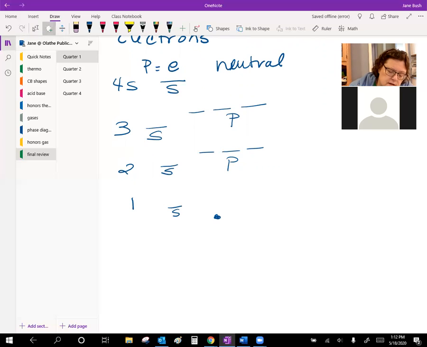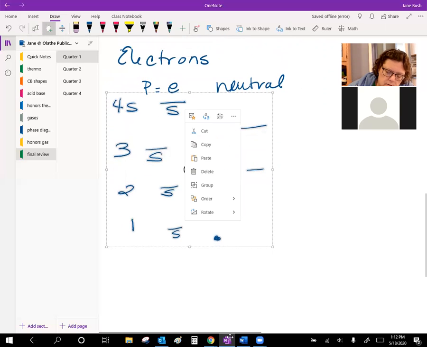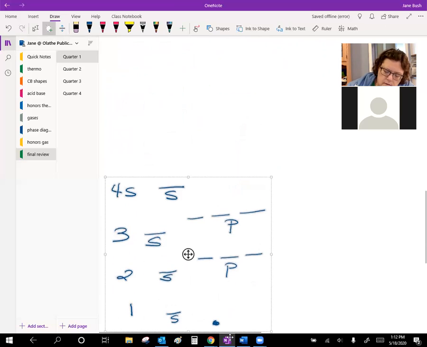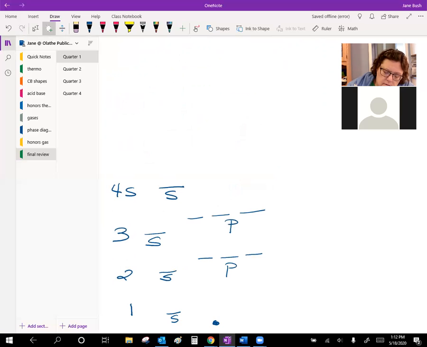I'm going to move this down so I have a little more space. All right. So then we get the 3D levels. This is one level.